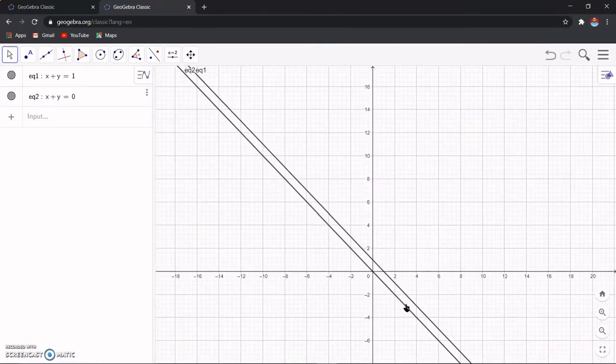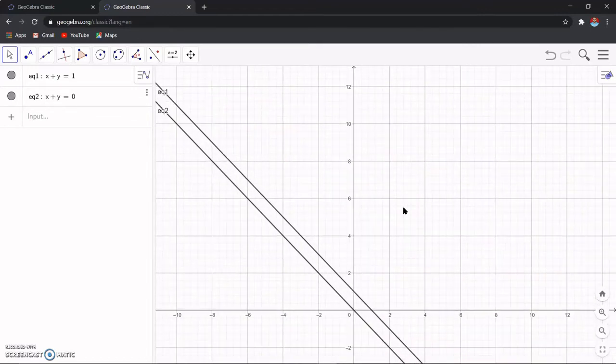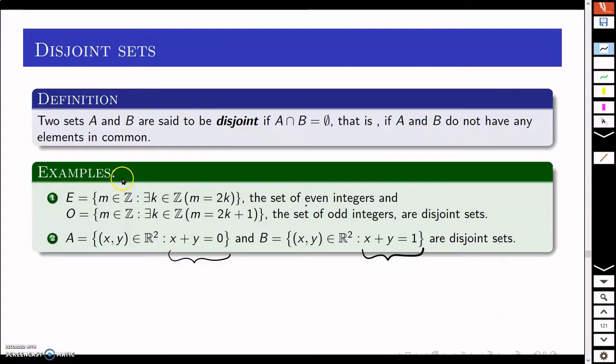No matter where you go, how far you go, they are never going to meet. That means they have no points in common, and hence these two sets A and B which are given to me are disjoint sets. From the graph we got an idea that these two sets are disjoint.